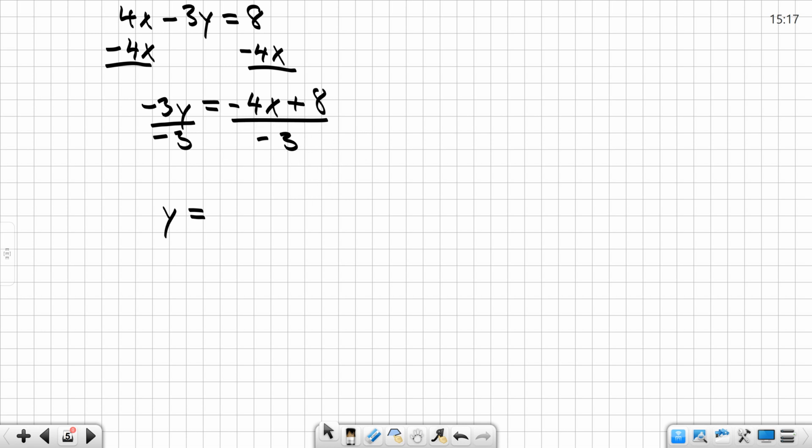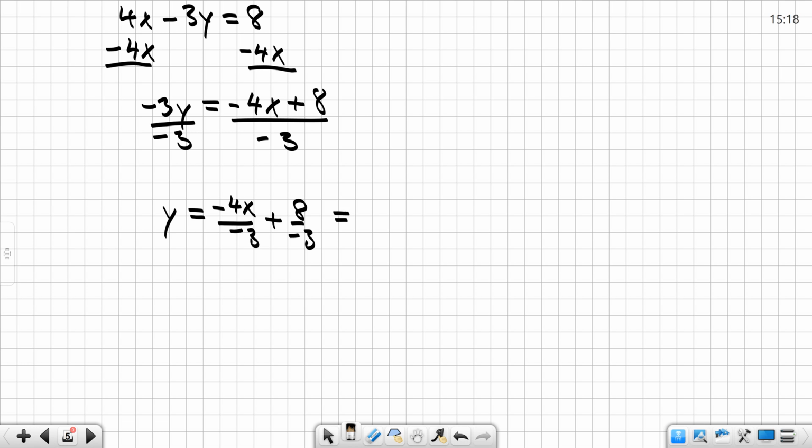So in other words, I'm going to have a negative 4x divided by negative 3 plus 8 divided by negative 3, if you want to look at it like this.